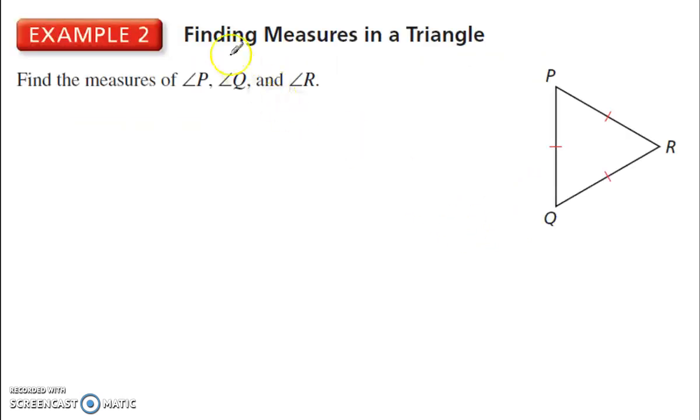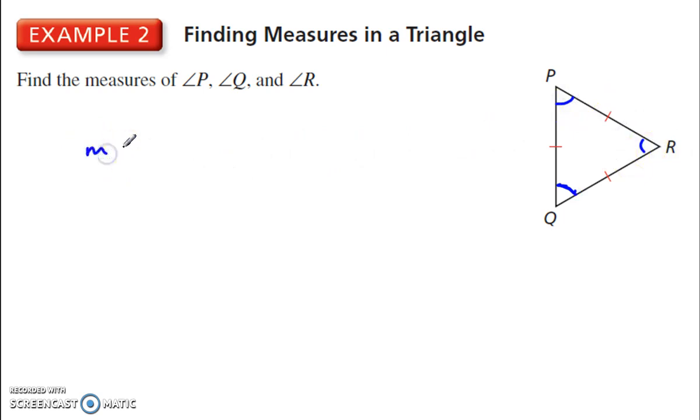Very nice. So finding the measures in this triangle. We want to find the measures of these angles. We know that it is an equilateral triangle. Since it is equilateral, we know it must be equiangular because of the corollary of the base angles theorem. Since it is equiangular, all three of those angles are the same.